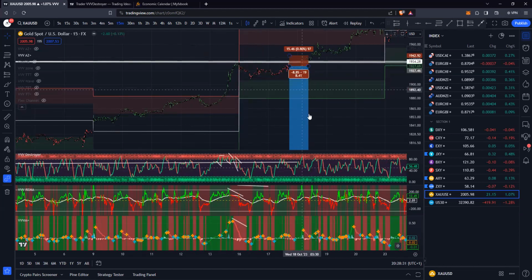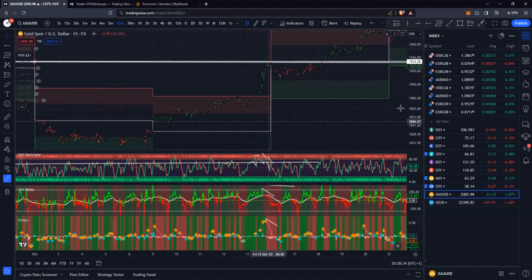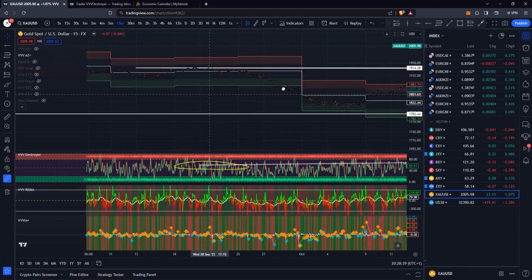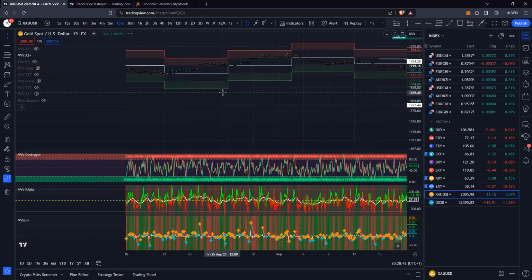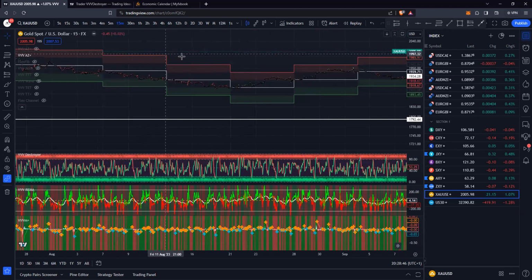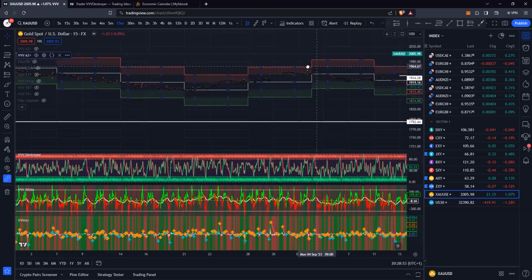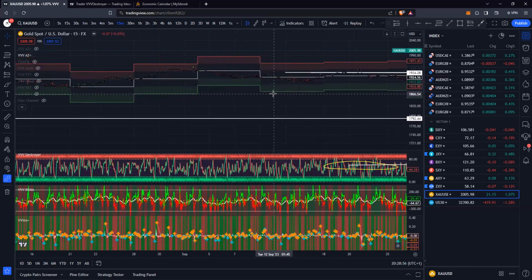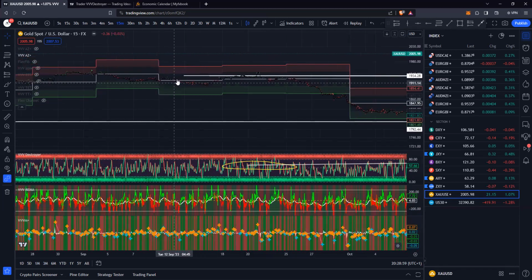I'm not going to expect a huge move like this, because right now what we see is the structure has changed. Here the price is going to the downside. Here something is about to change, it starts to go to the upside, and it goes to the upside until there is a change. Okay, but it's a progress. It needs time, so it's not gonna happen right away.